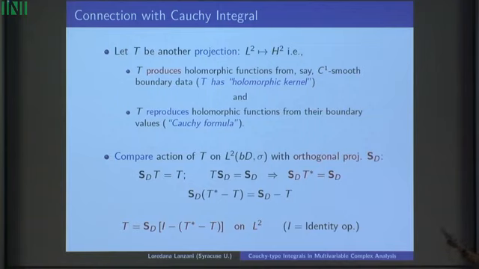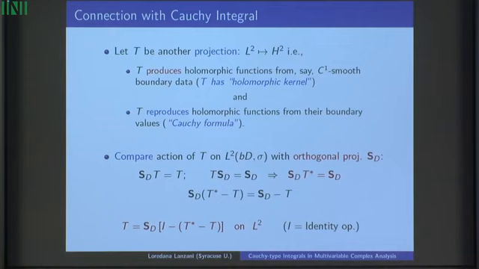If you start with data which is merely square integrable, the output will be analytic inside, number one. That means it maps into H2. And then, once you are in H2, since it is a projection, it acts as the identity. And so that means that it is producing and reproducing holomorphic functions from their boundary data.